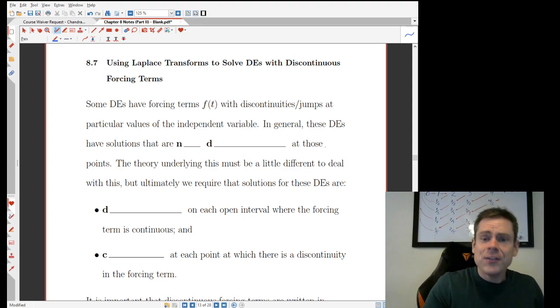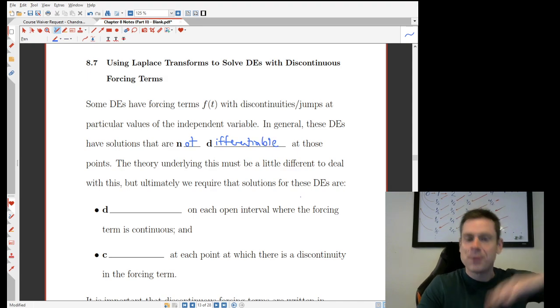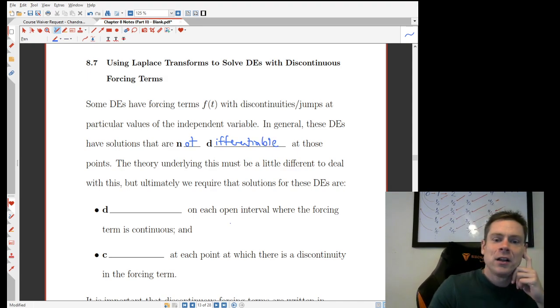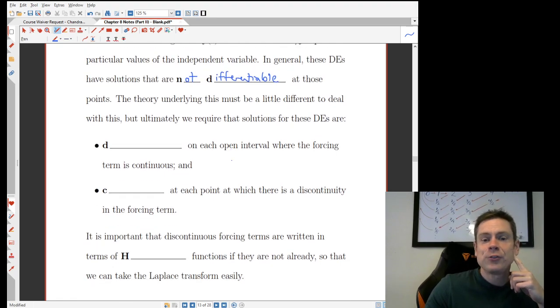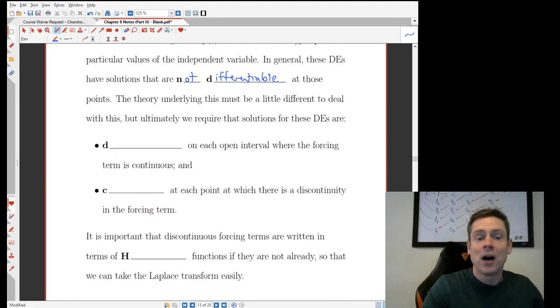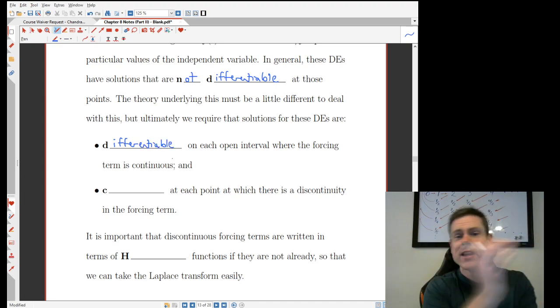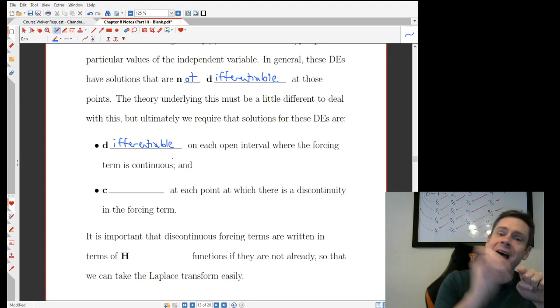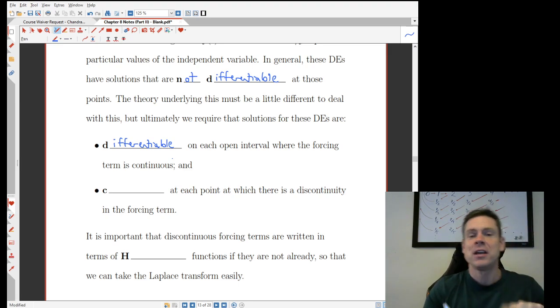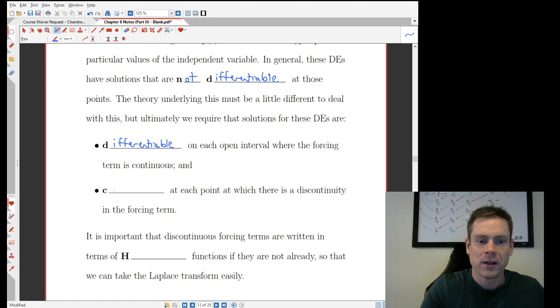So even though these differential equations might have solutions that are not differentiable at those points where the behavior switches, ultimately we require that solutions are differentiable on any open interval between those steps, and then even at that switched behavior, you still have continuity of the solution at those points.